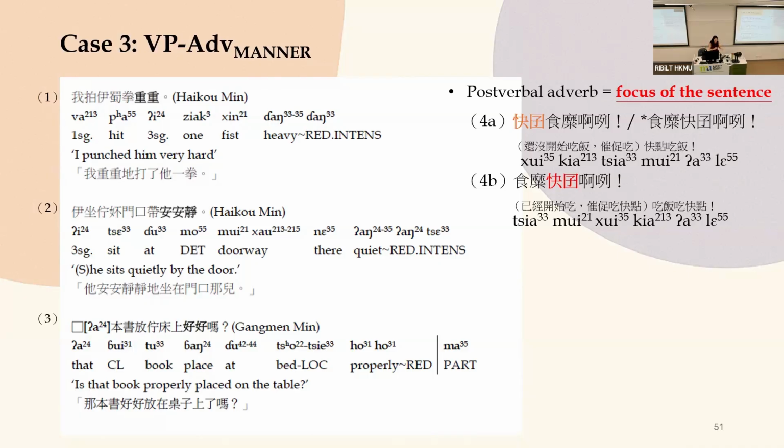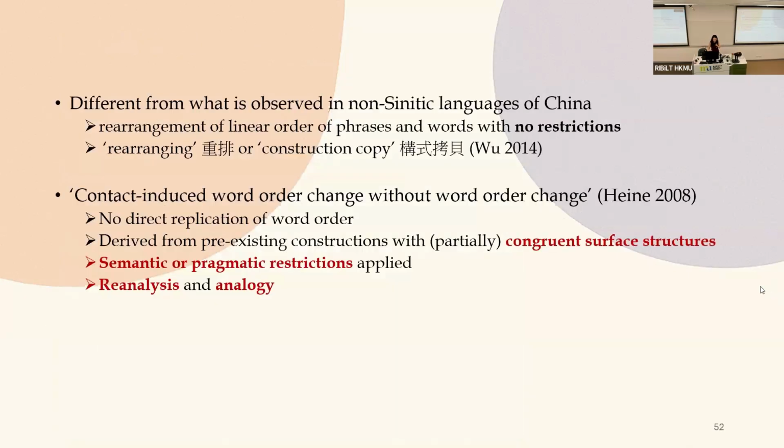So it's the inherently Sinitic information structure that gives rise to the so-called post-verbal manner adverbs. So pragmatically speaking, they're just placing the focus at the end of the sentence, but it's placed in a syntactic structure that looks weird on the surface. Okay.